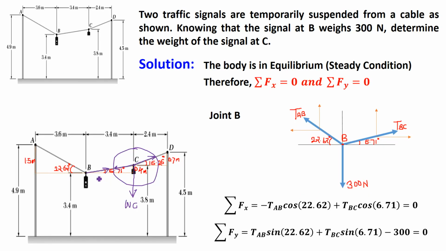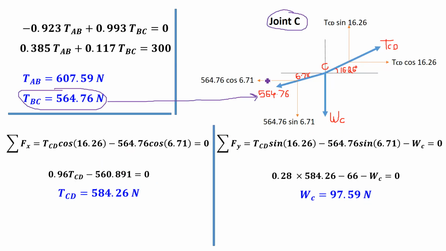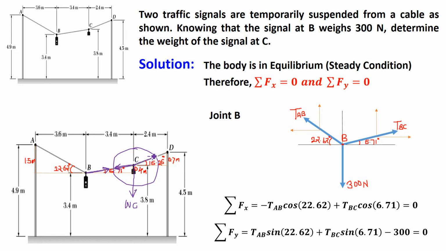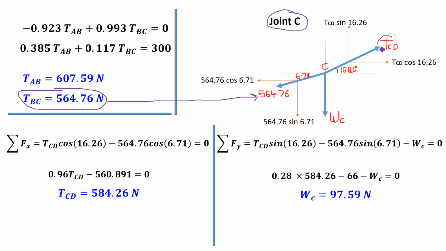If you look here, it is in the first quadrant, so the opposite will be in the third quadrant. Now next is this cable CD, it is in the first quadrant. So this is tension CD, and the angle is 16.26 and 6.71, already calculated in the previous joint.